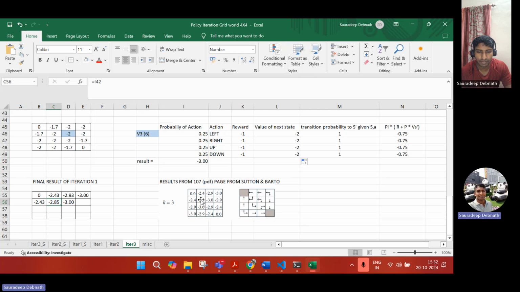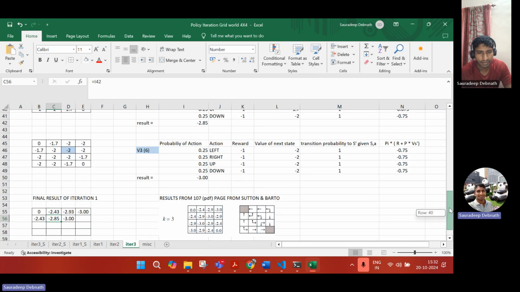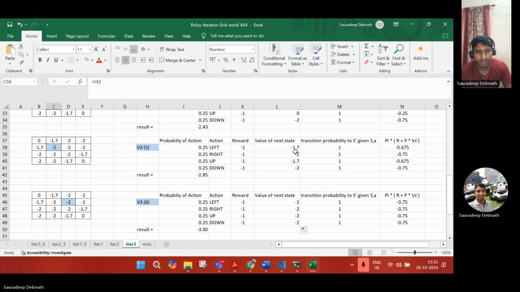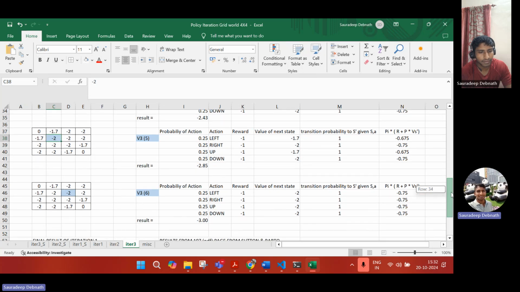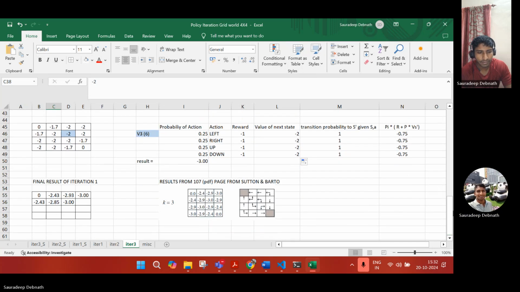Okay, let's just see if we did the fifth state correctly. Fifth state. Yeah, looks like it is correct. It's -2.85. Let me just check what the result was in the one I solved earlier. Yeah, I was getting the same value.